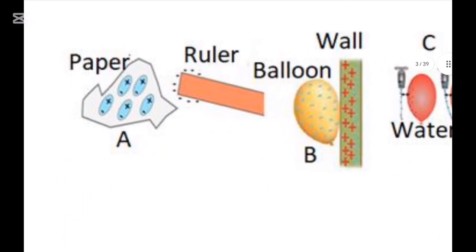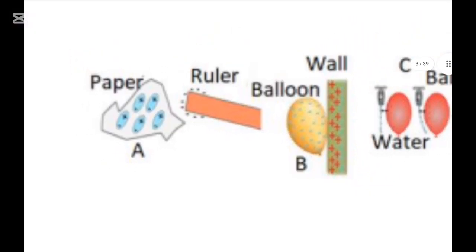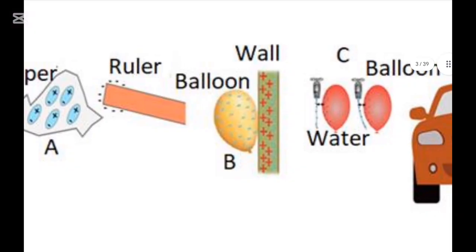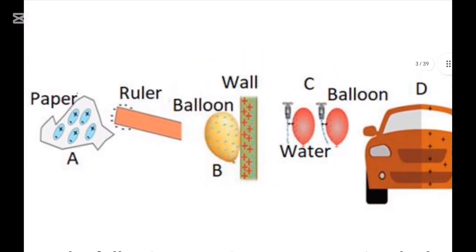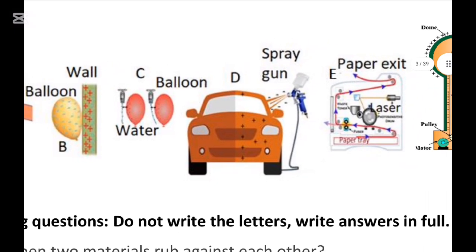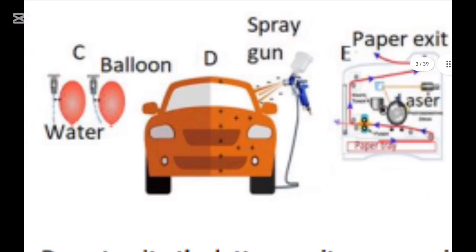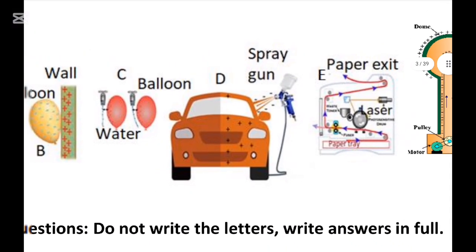Let's say the ruler, is it positive or negative? The ruler is negatively charged and the paper is positively charged. The balloon is negatively charged and the wall is positively charged. Water, balloon, spray gun: water is positively charged and the spray gun is negatively charged.